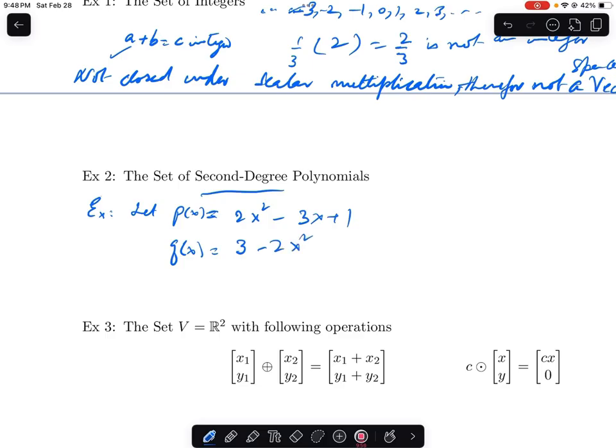If you add them, p(x) plus q(x), the 2x squared and minus 2x squared get cancelled, and we end up getting 3x plus 4. Now this is not a second degree polynomial.